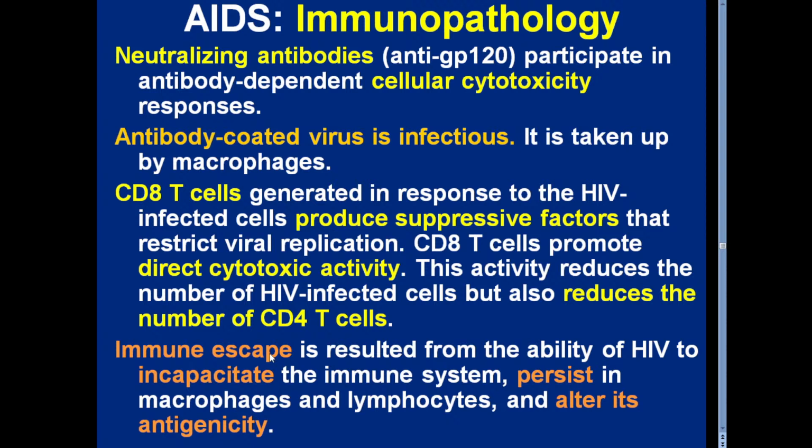And these viruses, as we said, can escape immunity because they are very variable in antigenic structure. They can survive in macrophages and lymphocytes, persisting in these cells, and as a result it gives a serious, fatal immunodeficiency.